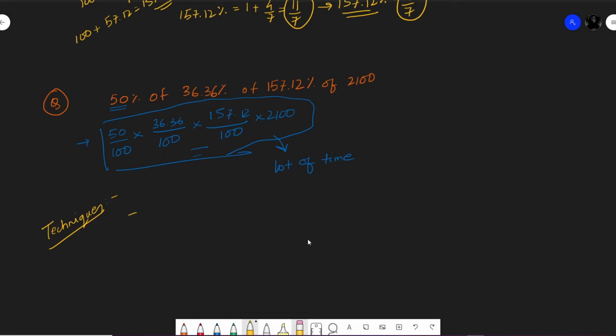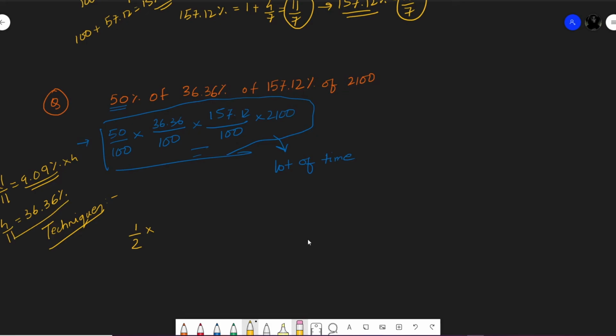What is 50%? We know 50% becomes 1 by 2, right? 50% becomes 1 by 2 into 36.36. You should have remembered that 1 by 11 equals 9.09 percentage, fraction to percentage conversion. So 36.36 is 4 into 9.09 equals 36.36 percentage.